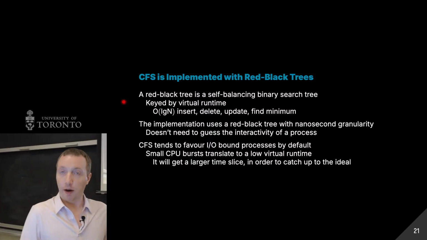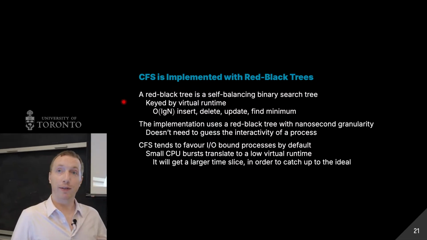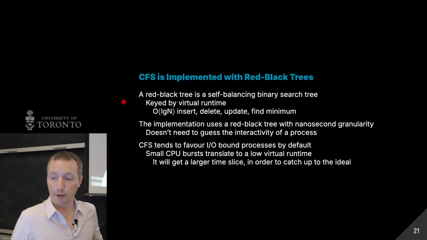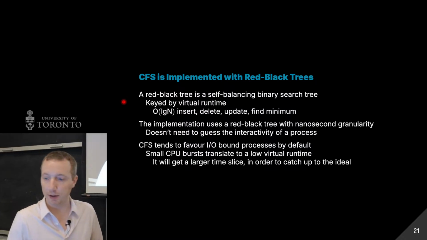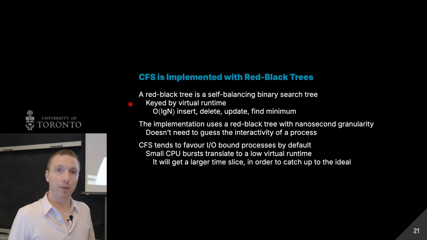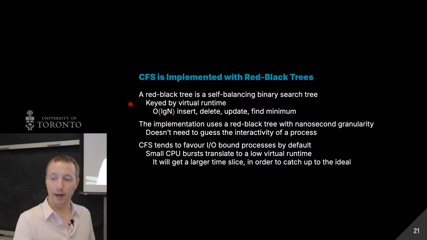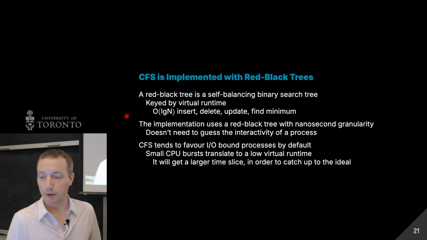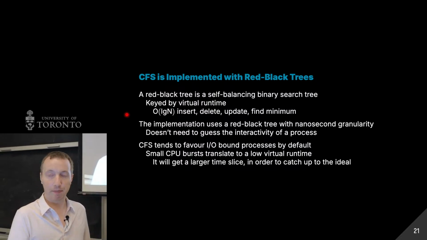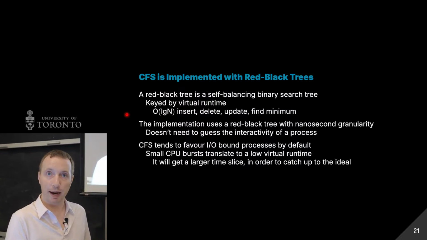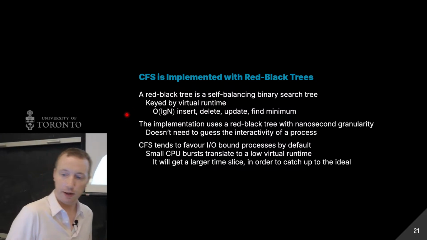So all the processes are stored in a red-black tree, which is a self-balancing binary tree, keyed by virtual runtime. So it's O(log n) for insertion, deletion, updating, and finding the minimum. In the implementation, it keeps track of the virtual runtime at nanosecond level granularity.